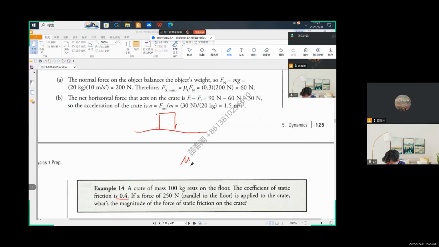This is mu static, right? Now you have to choose: is it mu static times Fn, or is it the first law? There are two ways to do this. It depends. So let's find the maximum. Can you find the maximum static friction force?